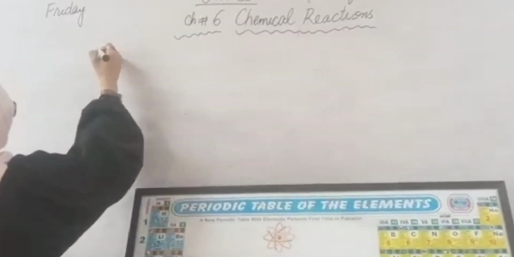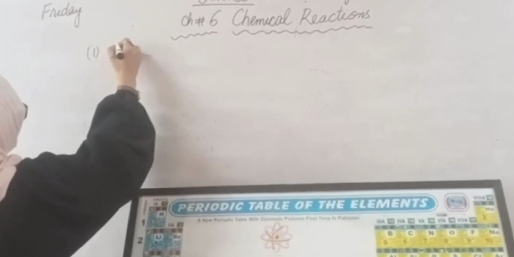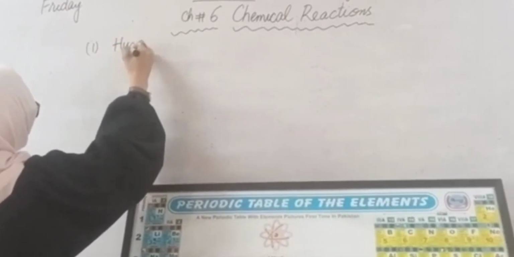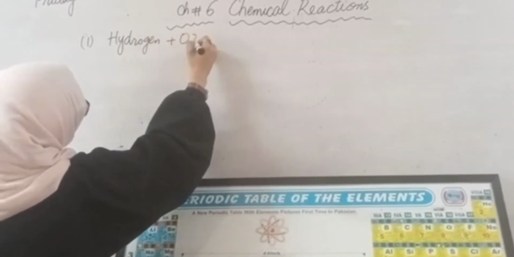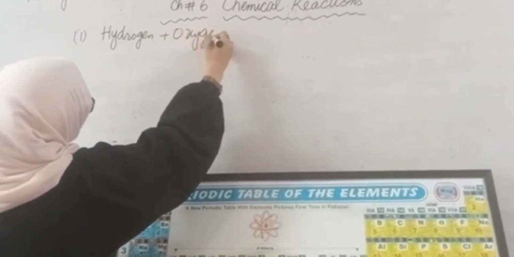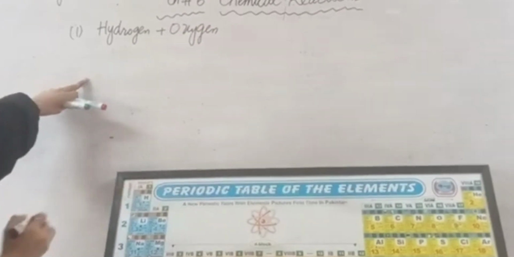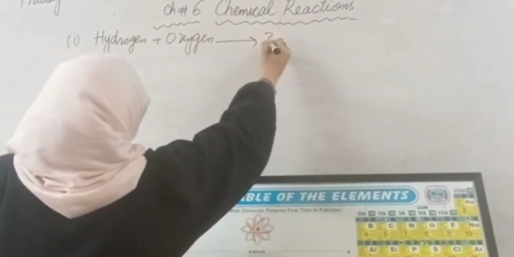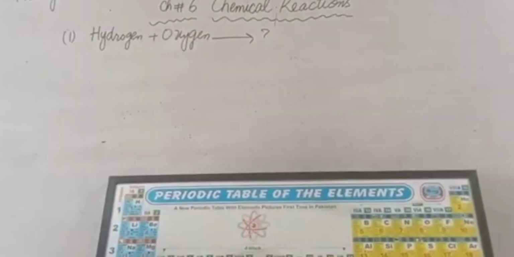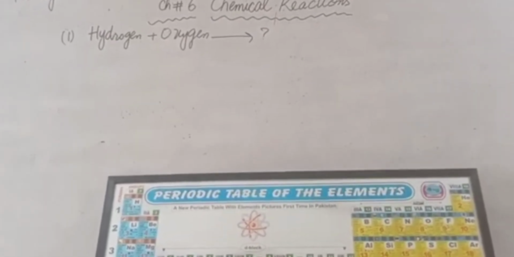So we will do our first example between the hydrogen and oxygen, and we have to complete the reaction between hydrogen and oxygen. At first, we should know about the symbol and the charge of the given elements.